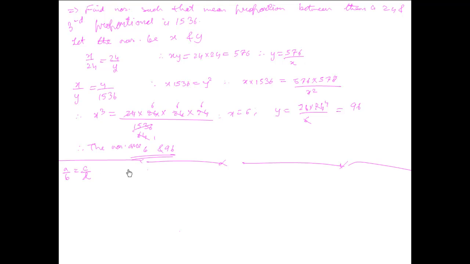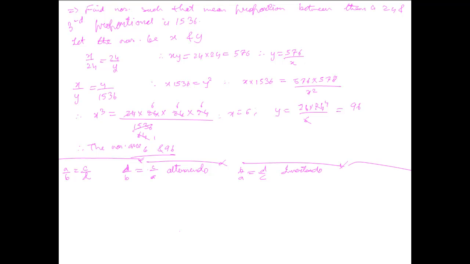So that gives us d upon b is equal to c upon a, and this is by alternando. Then by invertendo, to reciprocate, children. Reciprocal would be b upon a is equal to d upon c. That's invertendo.